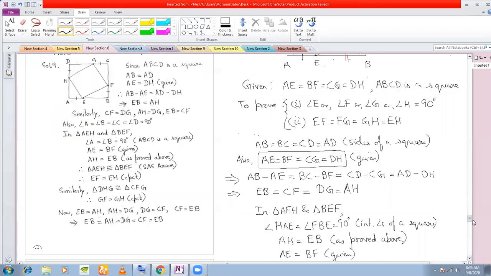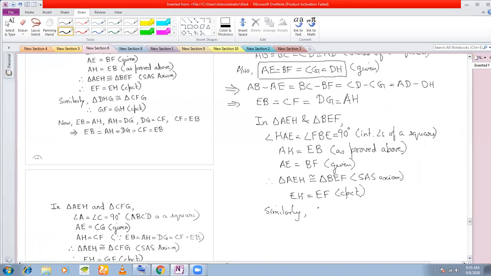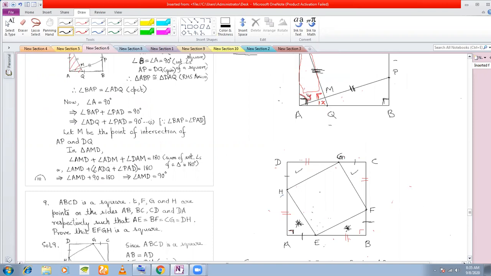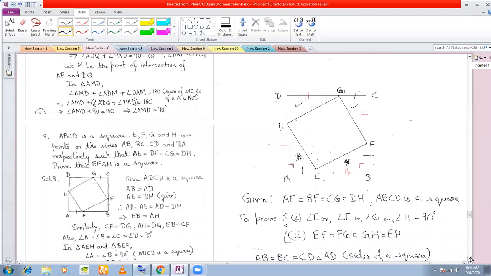DHG and CFG. Triangle DHG is congruent to triangle CFG. Why did I write similarly? Because the proof is exactly the same axiom, same type of sides. The red sides are equal, the black ones that I have marked are equal, and angle D and angle C are 90 degree. Exactly the same way we'll proceed. So that is why I have written similarly.